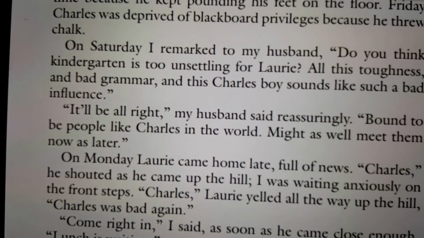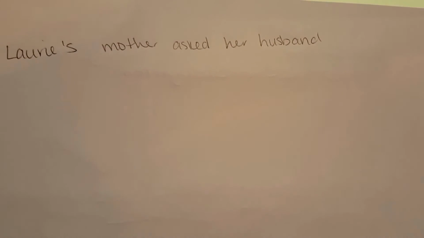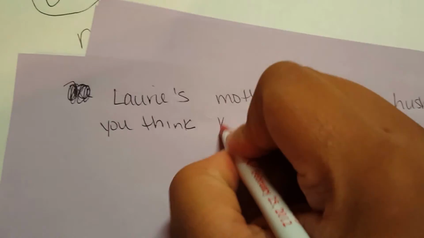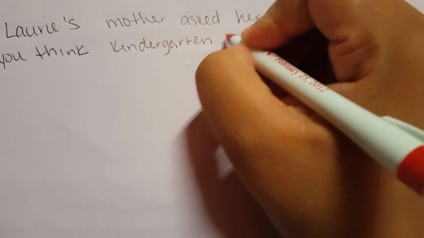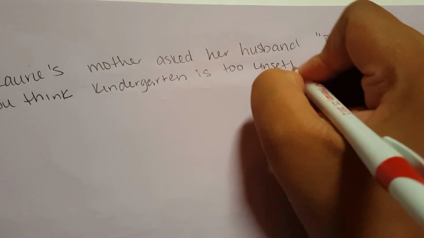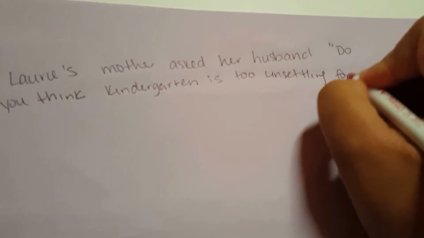Okay. Now we're answering the second part. It says, what does she say to let you know she feels this way? So we will start off the next sentence by saying, Lori's mother asked her husband. What did she ask her husband? She said, based on the text, do you think kindergarten is too unsettling for Lori?